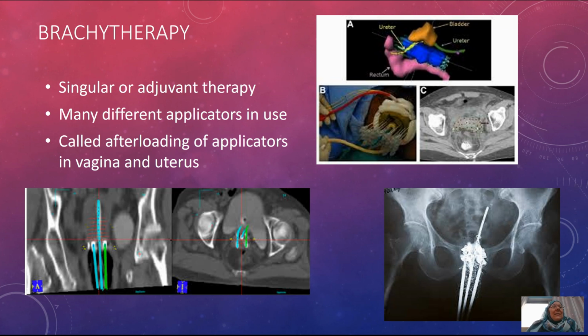It is applied to the tumor by this applicator, which is inserted into the cervix, and then from a distance with a machine, to save the professionals working in this field, the radium is inserted into this applicator and can then be applied directly and work on the tumor from very nearby. This is called afterloading as a procedure.